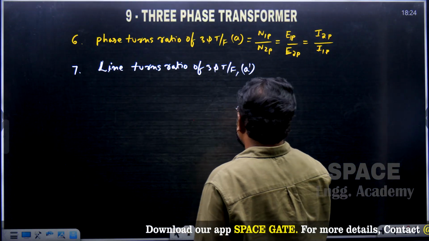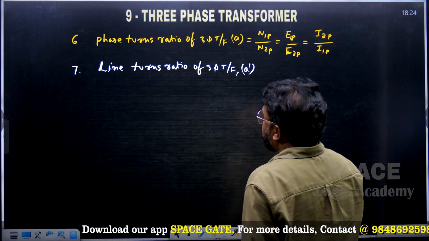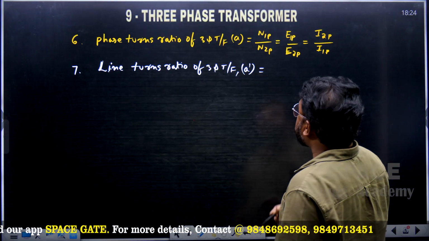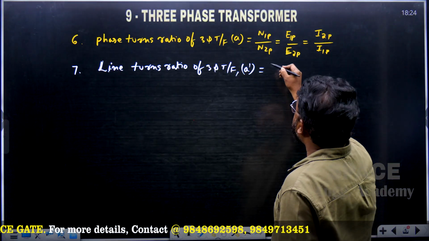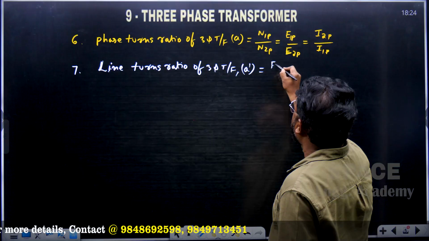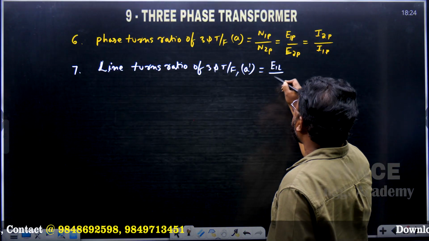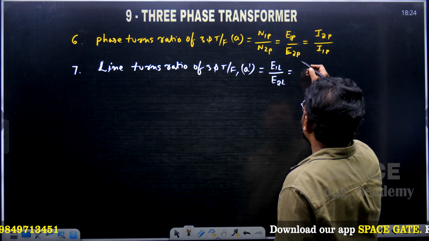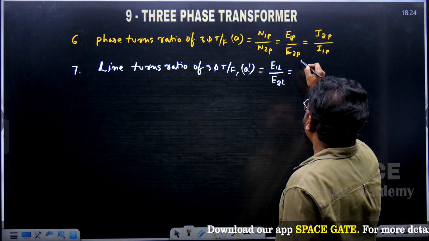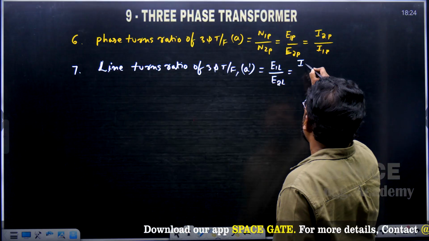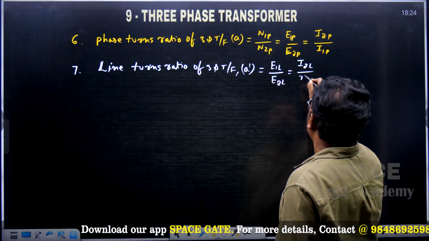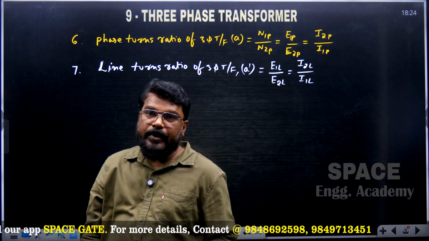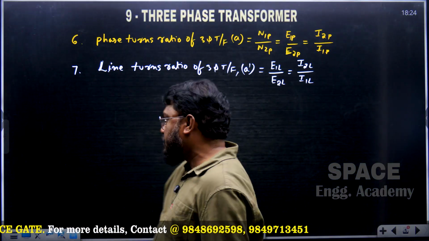The line turns ratio is equal to E1L, the primary line voltage, divided by E2L, the secondary line voltage, and it is also equal to I2 line divided by I1 line. So these are the line turns ratio and phase turns ratio of a three-phase transformer.